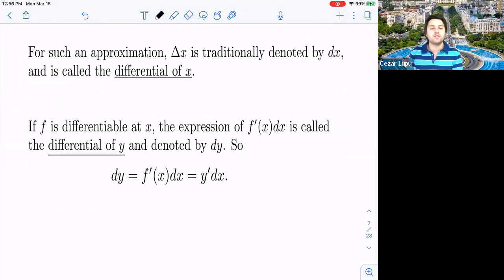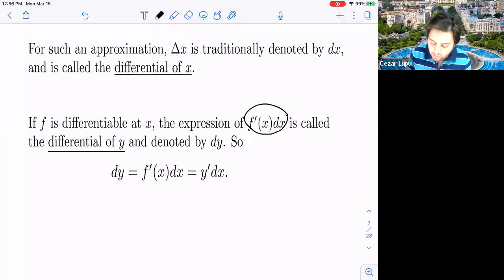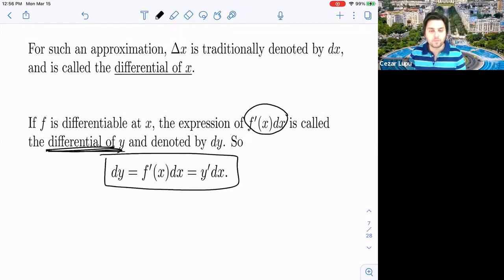So in other words, we can write dy as f prime of x dx, which is y prime dx. So that's what we call the differential of y. So this expression right here, right? And we have also this, right?